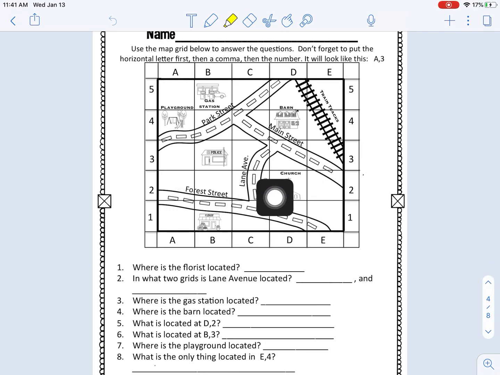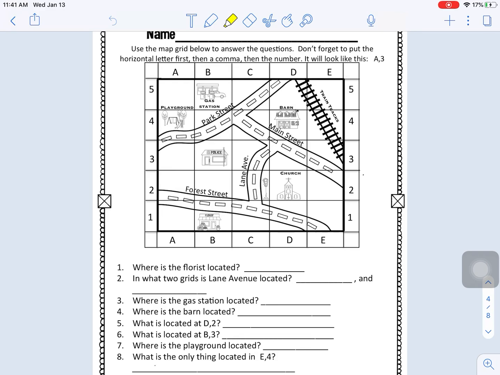At D2, we have our church. We go from our D, and it could be anywhere on this line, but then we have to look at our numbers. We know it's 2, so I cross over until I get to the D, and that is our church. Good.